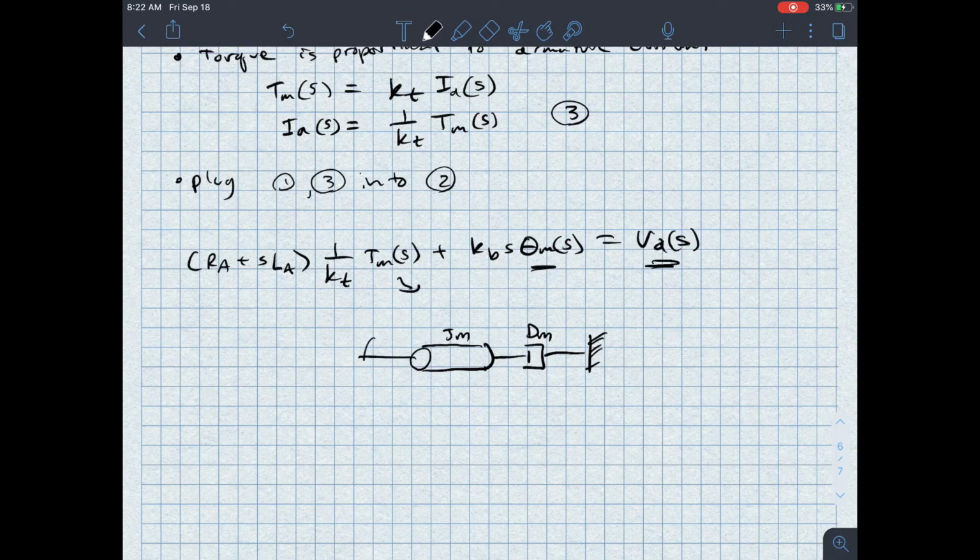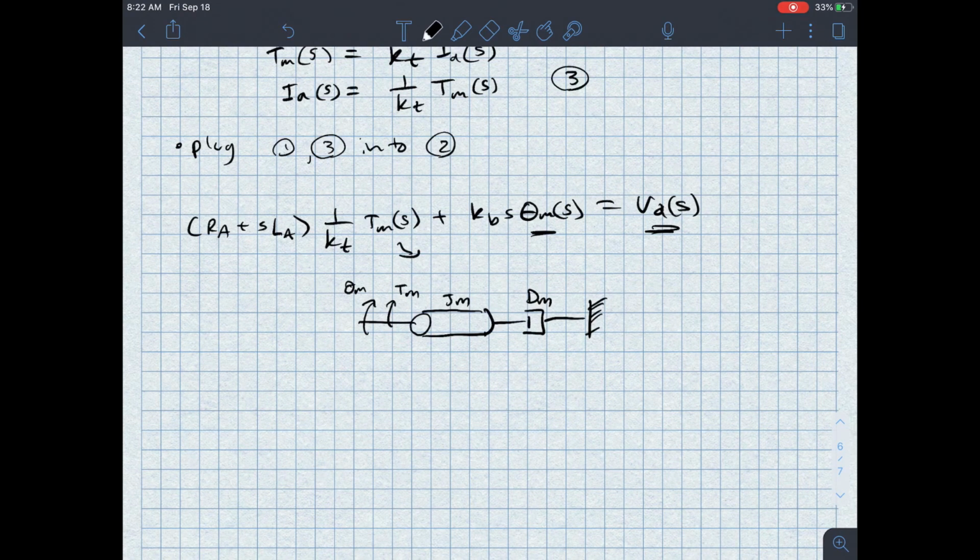And then I've got my theta m and Tm here. And I know from rotational mechanical dynamics that Tm(s) is equal to Jm s squared plus Dm s times theta m(s). It's the sum of the impedances, in this case an inertia and a damper, multiplied by the angular position.